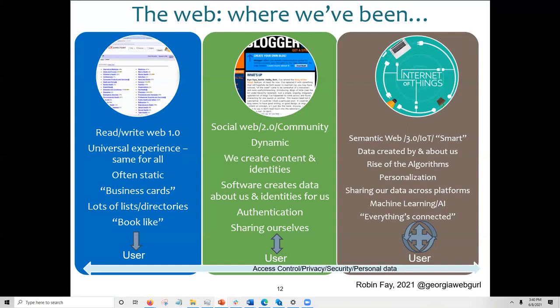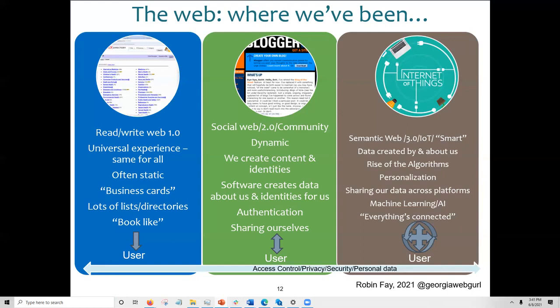And then along the way, we had the rise of the social web, or 2.0, as some people called it. It's also the web of community. So this is really where we start seeing a lot of user accounts being created. This is where we start seeing people creating their own identities, and we're starting to see software create identities for us too.